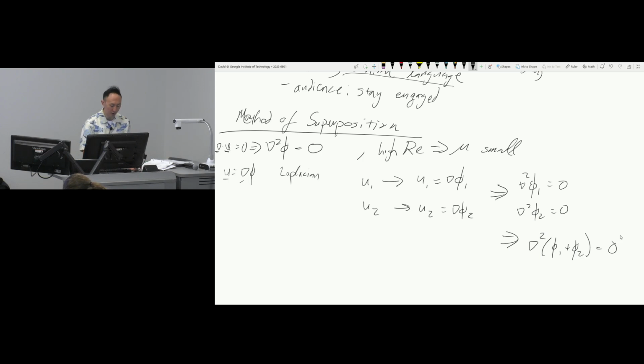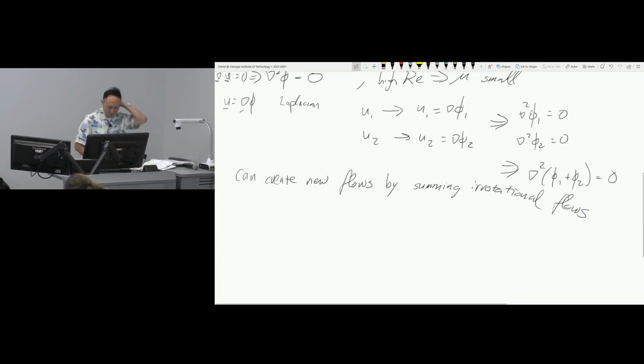And you can create new flows by summing irrotational flows. So all those basic flows we talked about, you can add them together and get new flows.